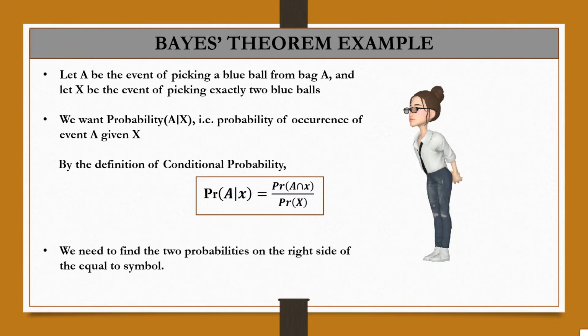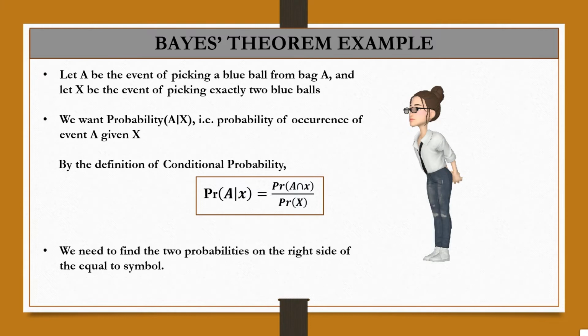So these two are represented by A and X respectively. What we want is the probability of occurrence of event A given X, which means that given that we are picking exactly 2 blue balls, what is the probability that we are picking a blue ball from bag A?